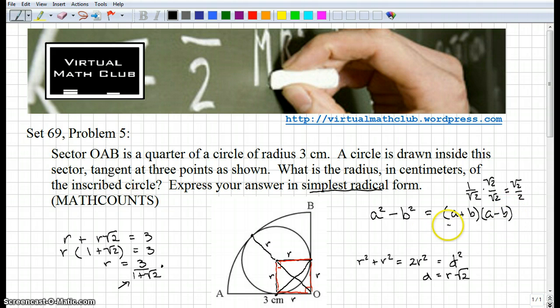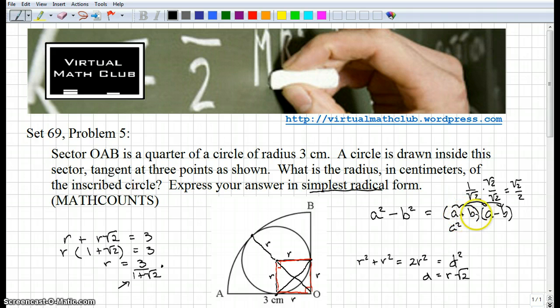You can test that just by multiplying this out, going backwards. If you take a plus b times a minus b, you end up with a squared. We're just using the distributive property, or some of you might know the FOIL method, but it's just based on the distributive property.